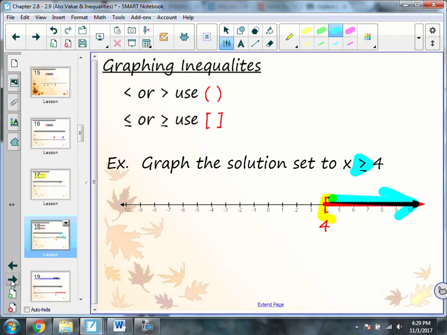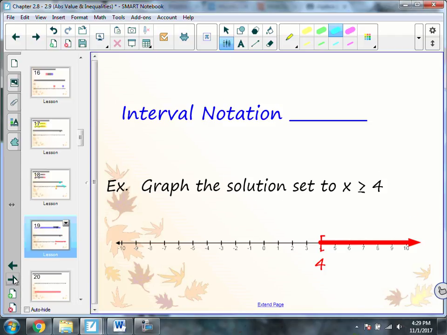And then if we wanted to give the interval notation, we learned how to do that in chapter 1. The interval notation describes, left to right, the values x could be. We use a parenthesis or a bracket depending on what we are graphing.